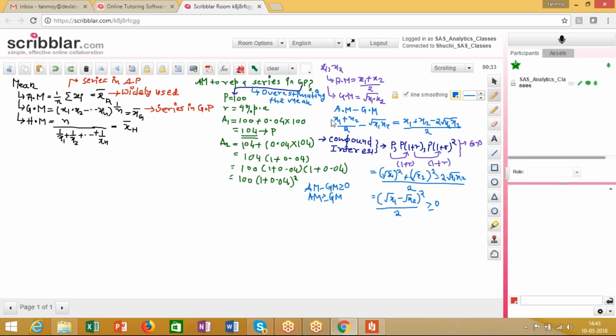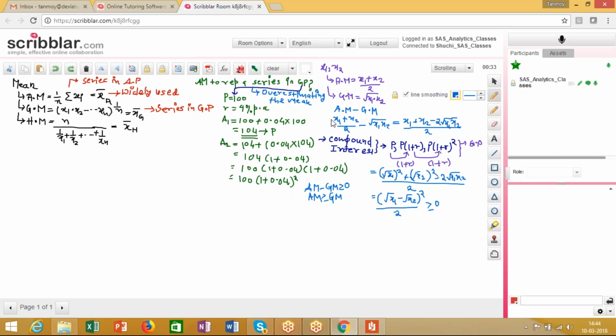This is the reason why if a series is in geometric progression, it should always be averaged using geometric mean. So that is what we have over here.